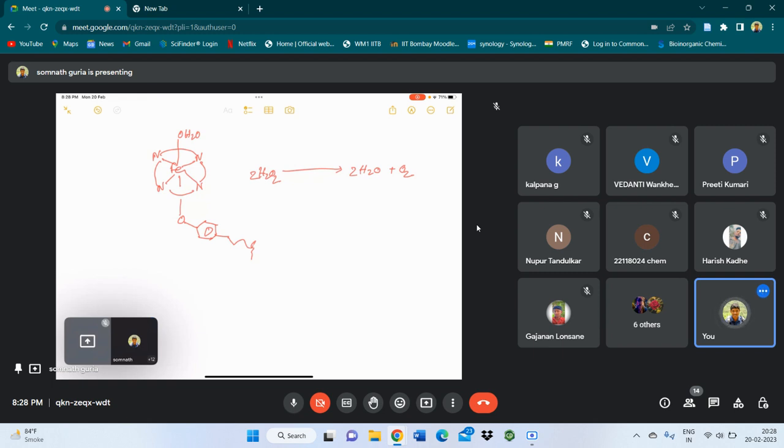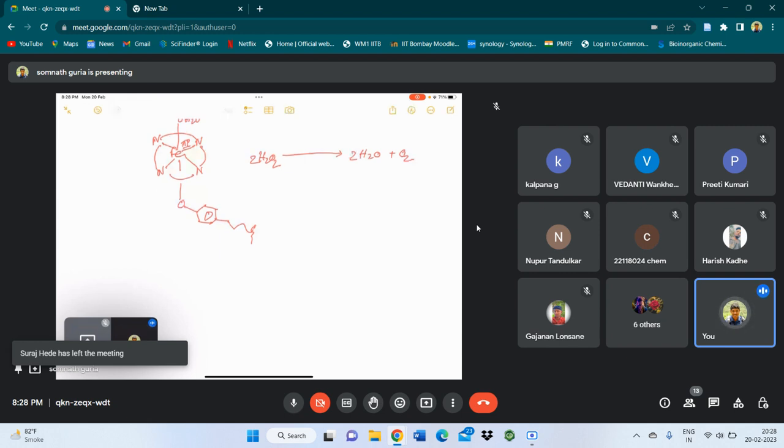Now coming to the mechanism part. The heme tyrosine bound relaxed state in the initial state is the iron 3 center. This iron center is below the porphyrin ring, unlike hemoglobin and myoglobin, where the iron 3 is in the plane of the porphyrin ring. In the catalase enzyme, the iron 3 is below the porphyrin plane.